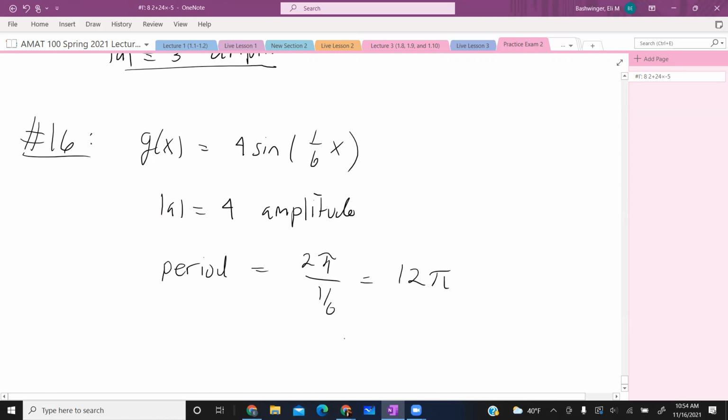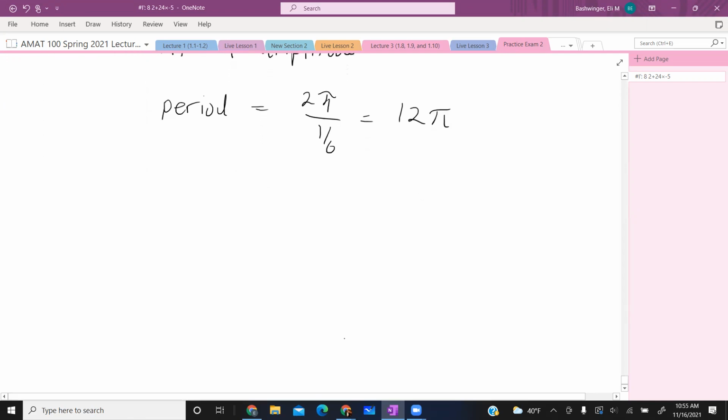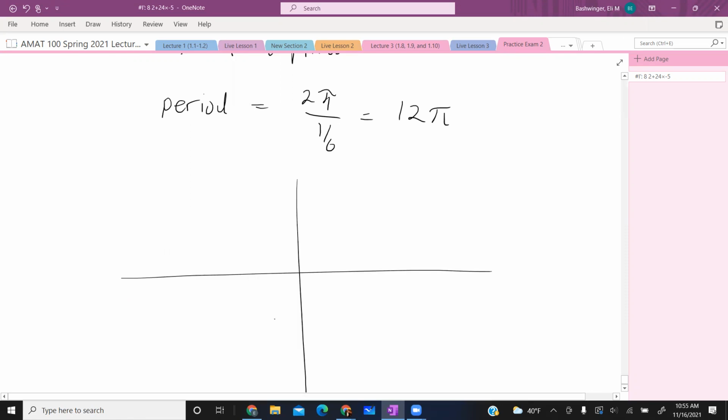So that means we want to look at the interval from 0 to 12 pi and determine whether a given option repeats itself or doesn't. If it repeats itself, then that option is not the graph of our function. But if it doesn't, it could be. For this, we also just want to remember the plot of a general sine curve.